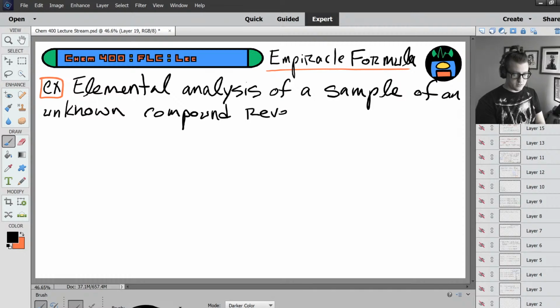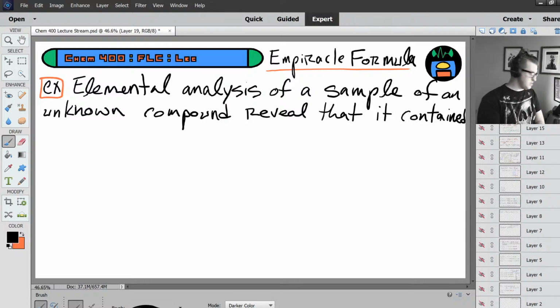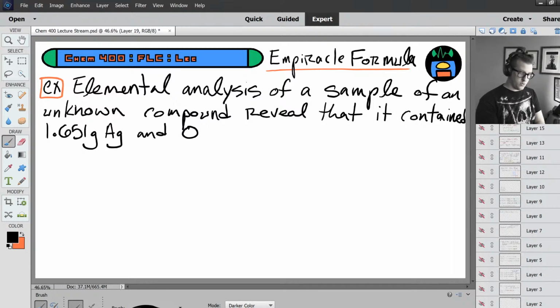revealed that it contained 1.651 grams of silver and 0.1224 grams of oxygen.